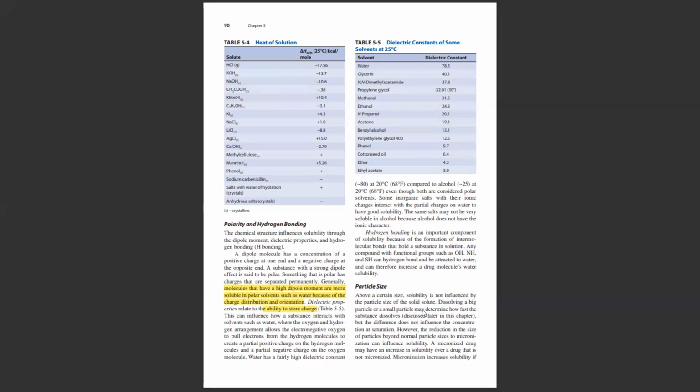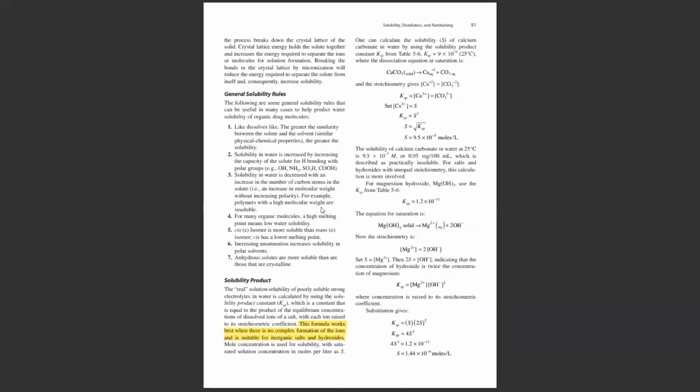The fact that you've reduced the particle size increases the solubility. Because now the process required to break down the crystal lattice of the solid is less after you've reduced the particle size to a micronized molecule.